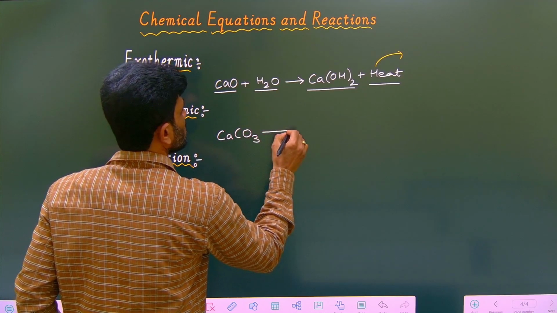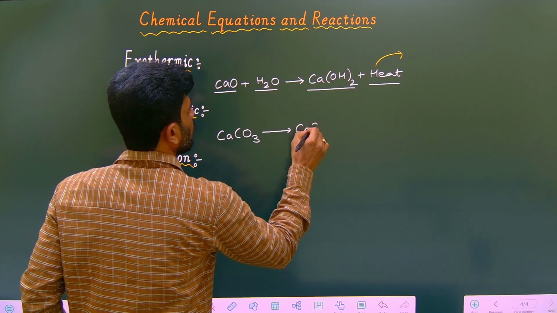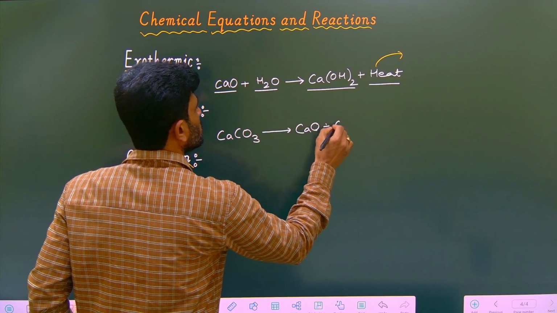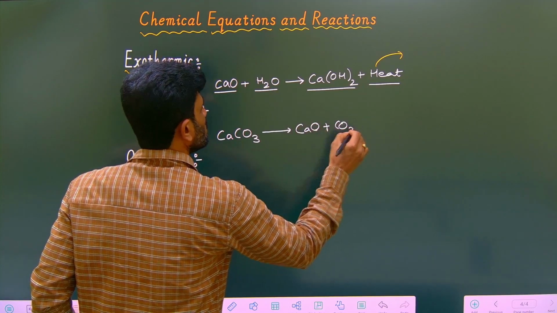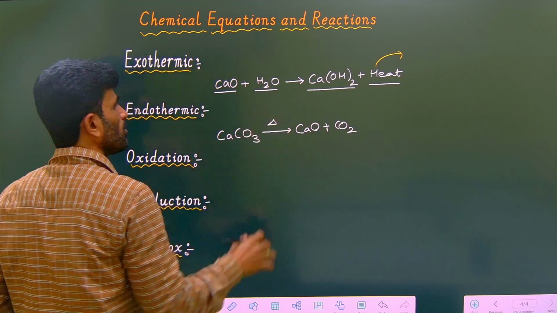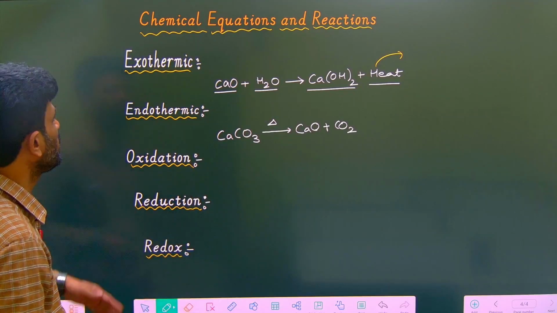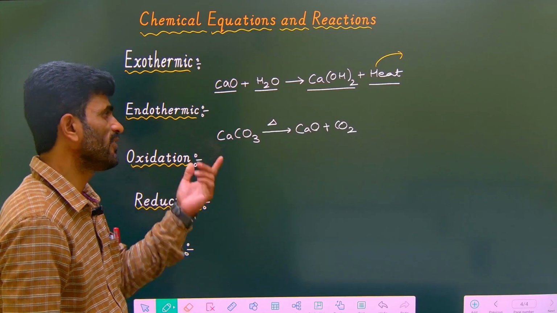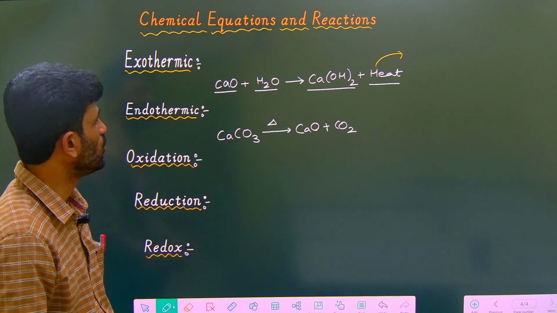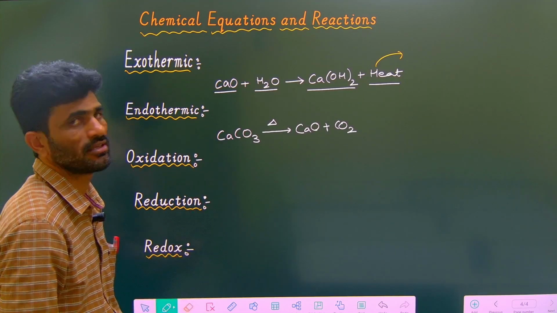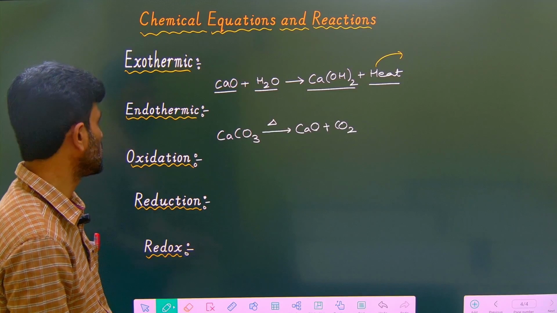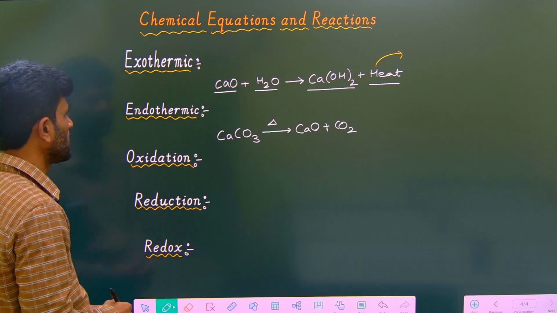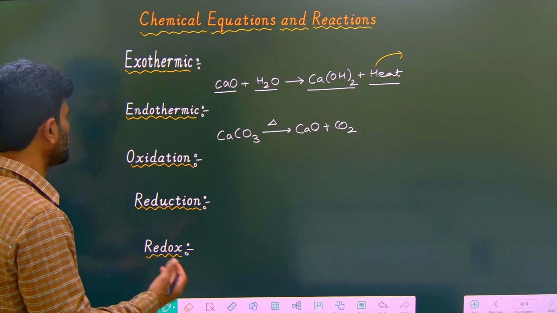CaCO3 gives rise to CaO plus CO2. Here heat is absorbed, energy is absorbed. So we call it an endothermic reaction. Even photosynthesis is an endothermic reaction, because sunlight energy is used, energy is absorbed. So these are some examples of endothermic and exothermic reactions.